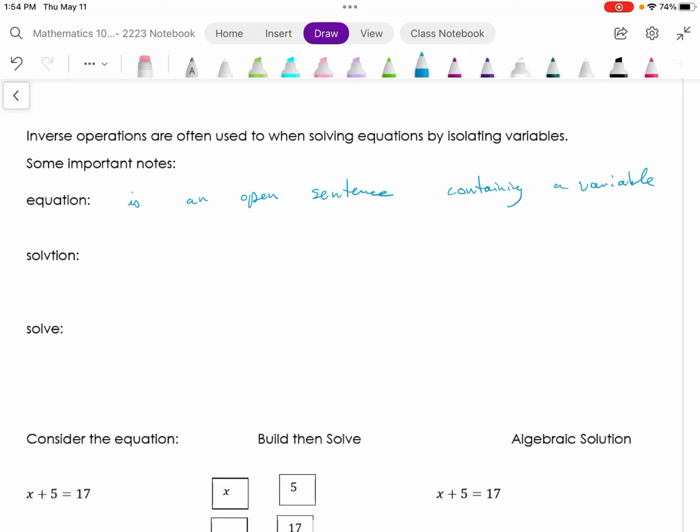So I'm just going to say x plus 3 is equal to 4. Allow me to say something plus 3 is equal to 4. It's an open statement. A solution is the value of the variable that makes the statement true.